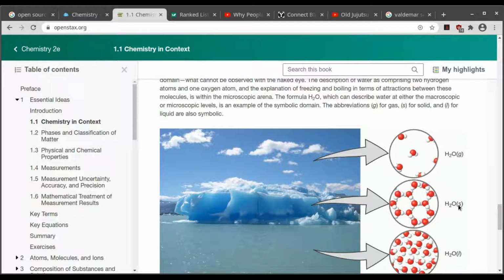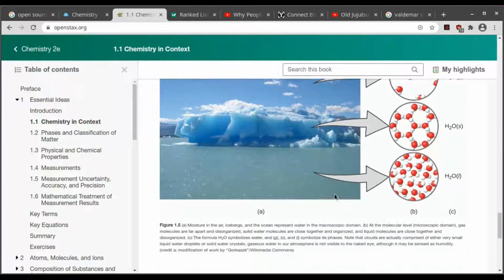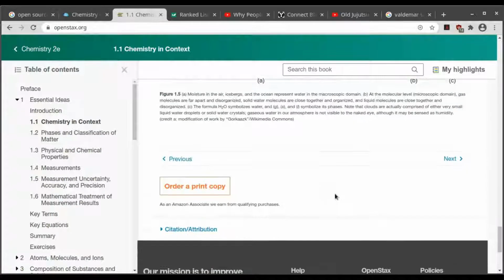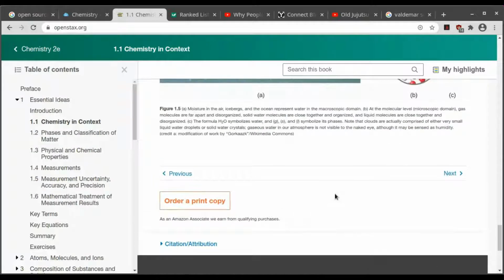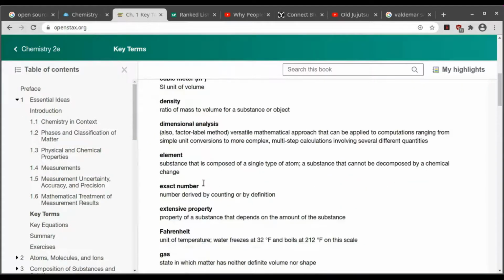So, now with that in mind, if you were to look here under your key terms, you would see they have here: hypothesis, tentative explanation of observations that acts as a guide for gathering and checking information.